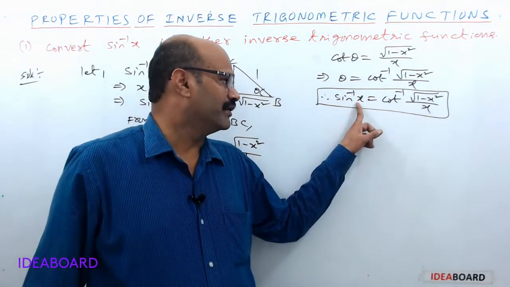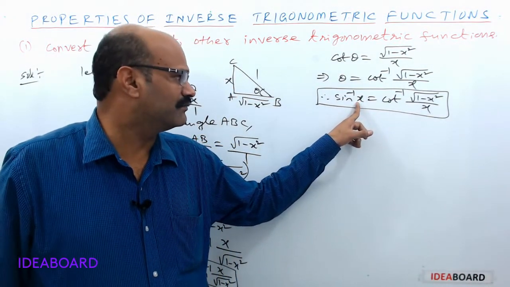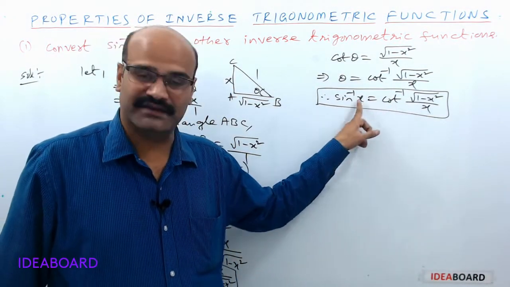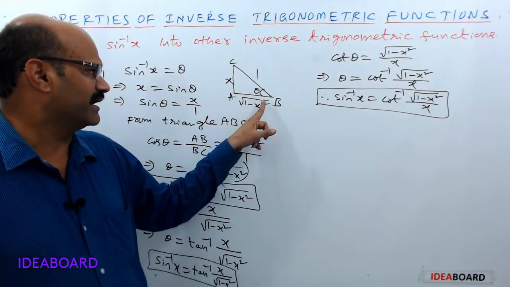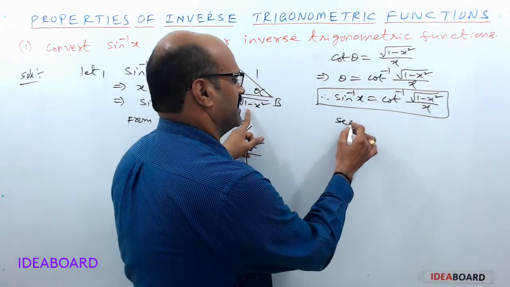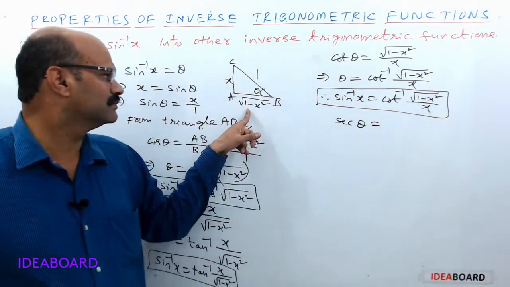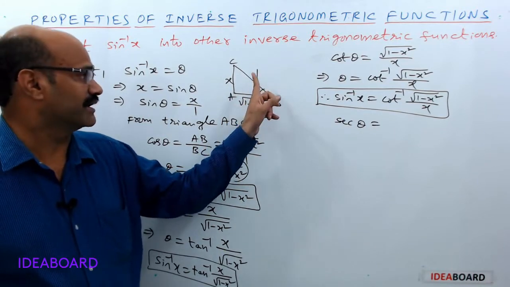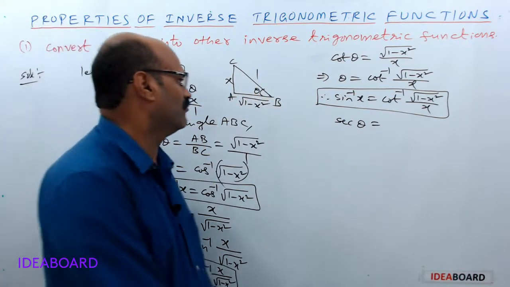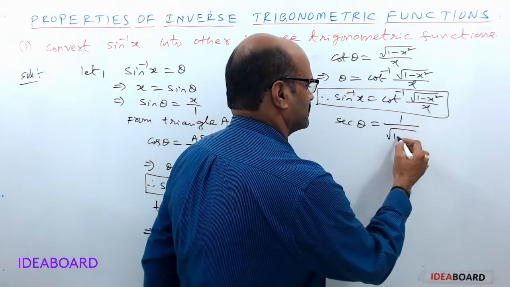Now we have to write sin inverse x in terms of secant inverse. For that, find secant theta from this. From triangle ABC, secant theta means hypotenuse by base. 1 by square root of 1 minus x square.